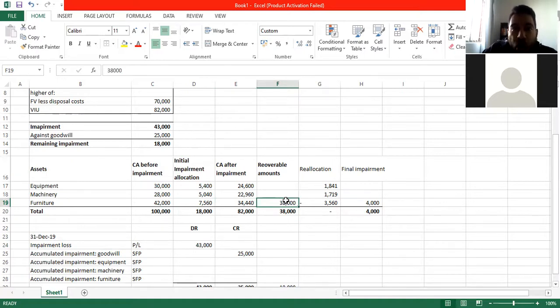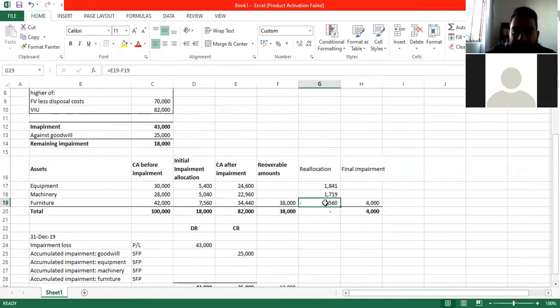The carrying amount after impairment should not be less than the recoverable amount. As a result, because it is less, we had to make an adjustment to the initial impairment. The adjustment is to reduce the initial impairment by 3.5, which gives us ultimately an impairment for furniture of 4,000.